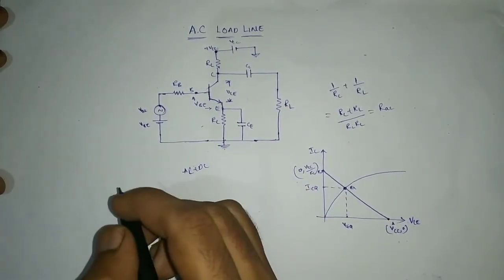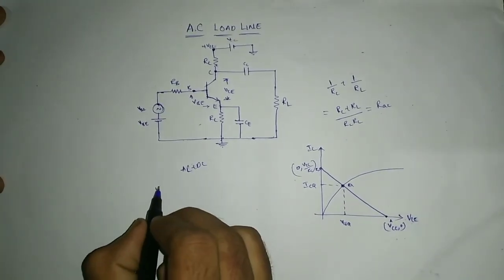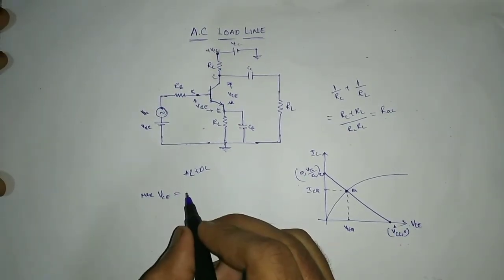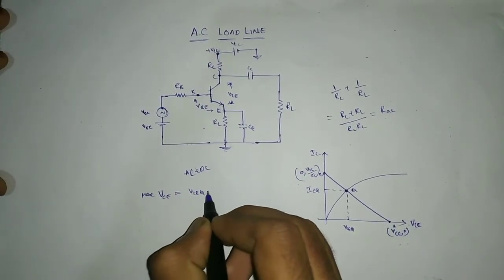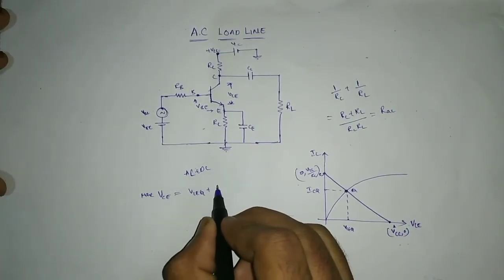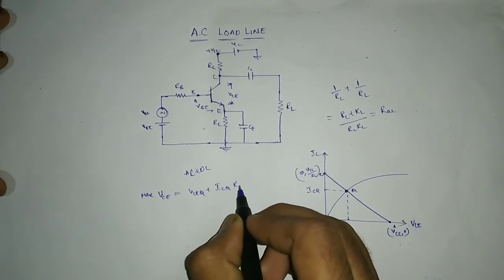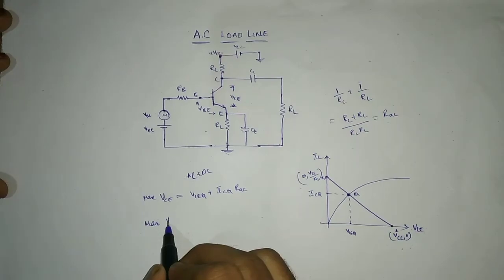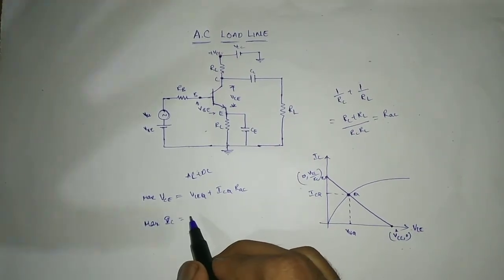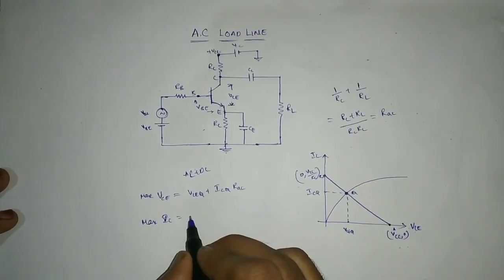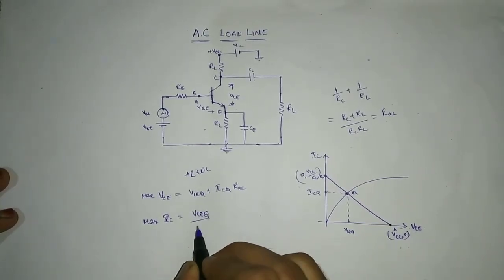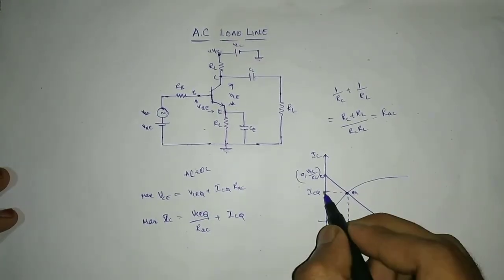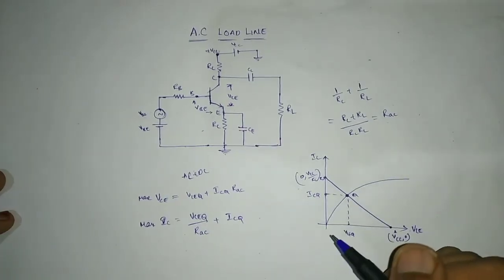So we can get the maximum VCE as VCEQ plus ICQ into RAC, and maximum IC is equal to VCEQ by RAC plus ICQ. This is ICQ plus VCEQ by RAC will be the remaining.